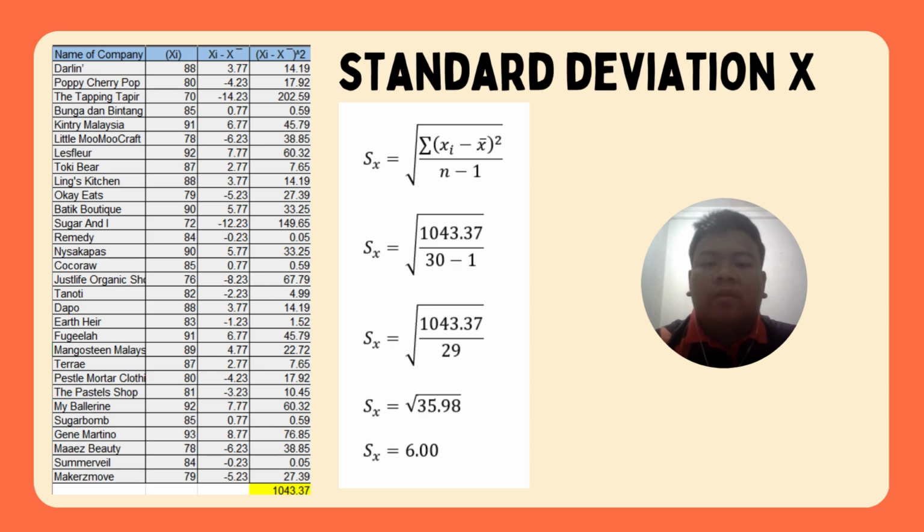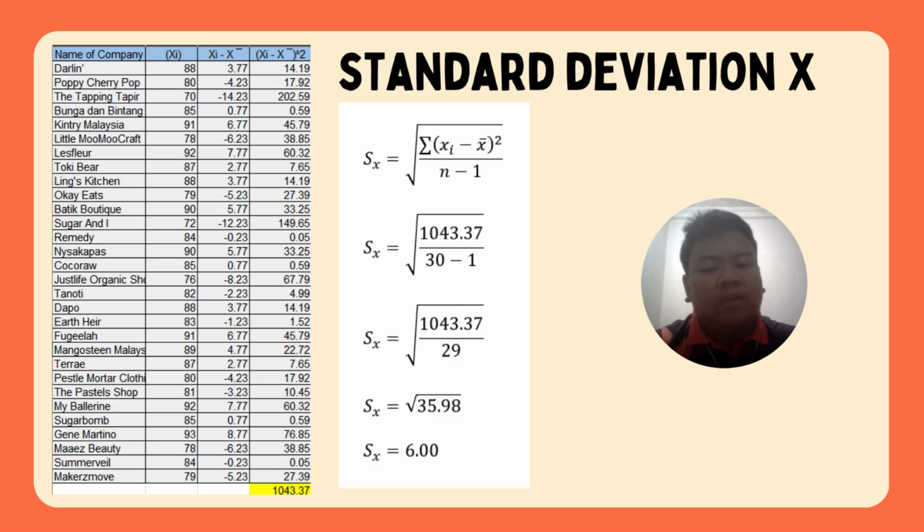To calculate it, we need the square root of 1043.37 divided by 29. And then when you do the calculation, you will get the answer as 6. So the Sx is 6.